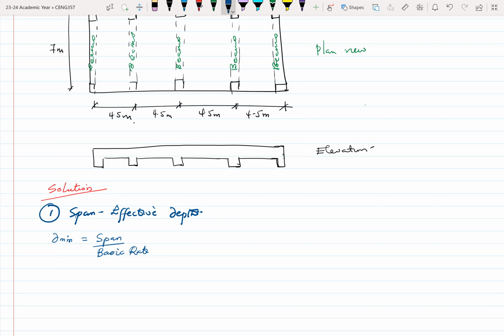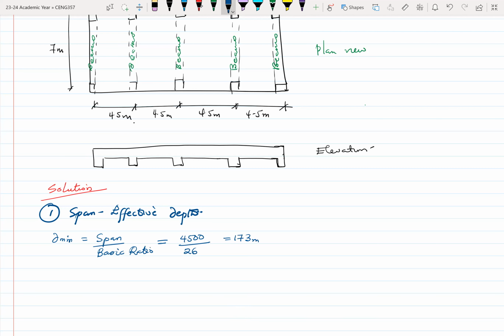The span is 4.5, so that's 4,500 for each span. The ratio is 26 for a continuous slab. So this is equal to 173.